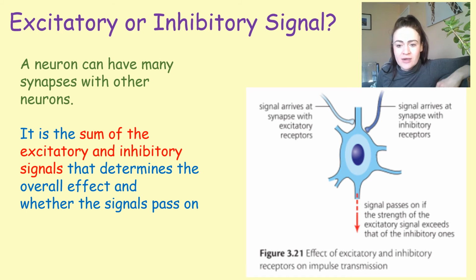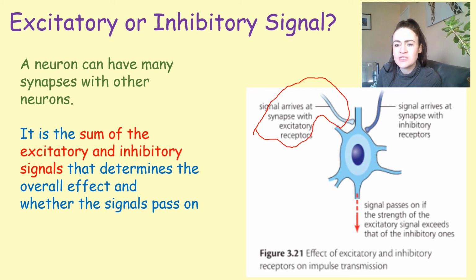So in this diagram here, we've got some signals arriving with excitatory receptors, and then we've got signals arriving at inhibitory receptors, and basically a signal is only going to pass through this neuron if the strength of the excitatory signals exceeds the strength of the inhibitory signals.